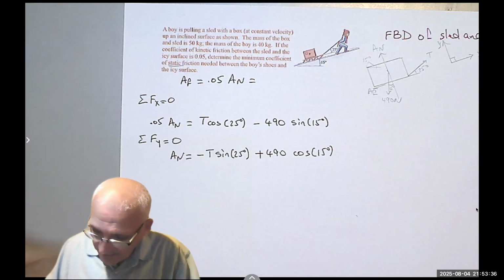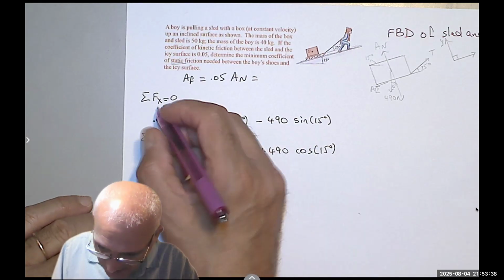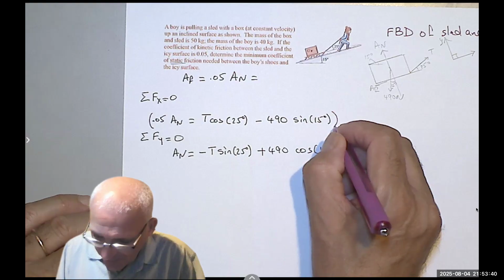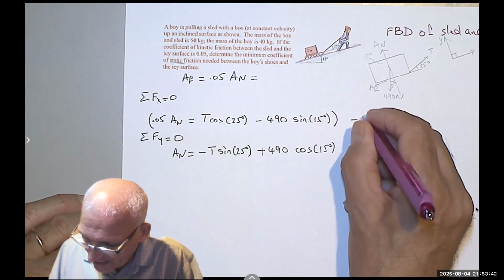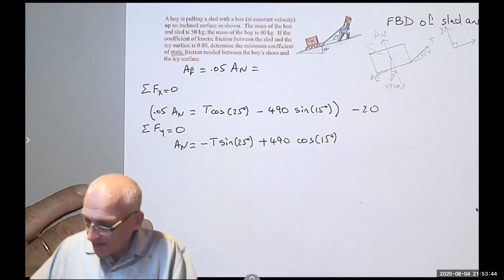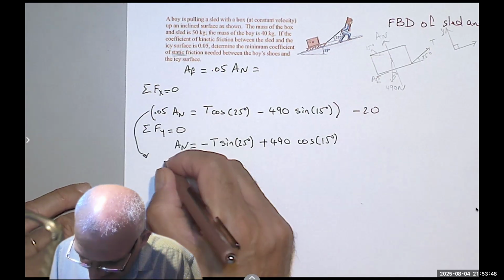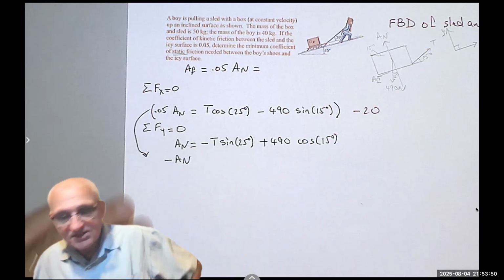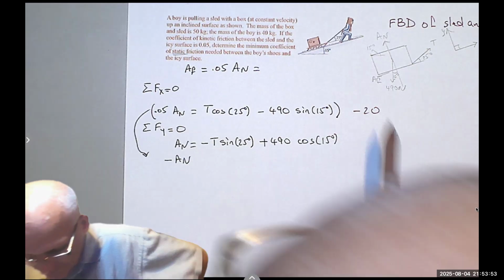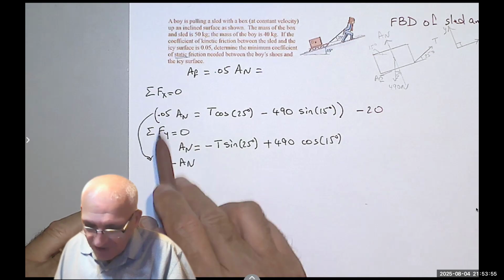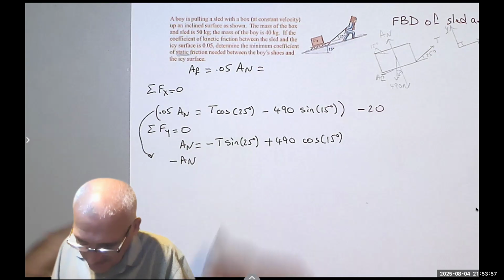So if I multiply the top equation, both sides, by negative 20, the left side comes here as negative A sub n. Do you see that? When you multiply by negative 20, 20 over 20 is 1, meaning negative A sub n.